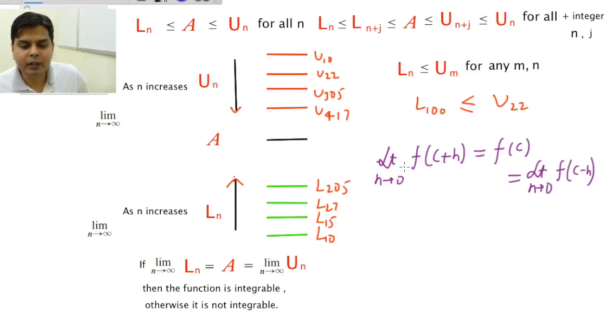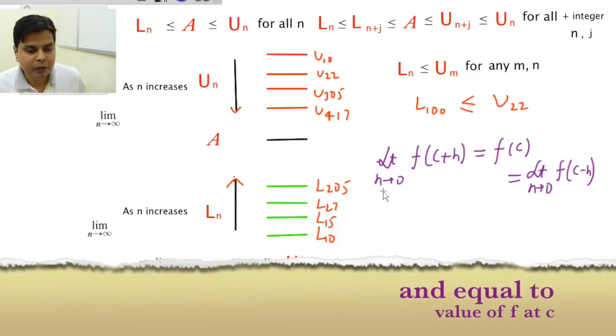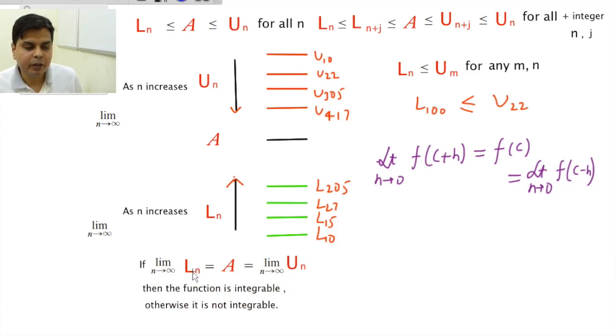So a function is continuous if the left hand limit is equal to the right hand limit. Similarly, a function is integrable if the lower sums, the Ln's, tend to a, the exact answer, and the upper sums, the Un's, also tend to a. Now Ln is converging from below, Un is converging from above, and ultimately both will meet at a, and the function is said to be integrable.